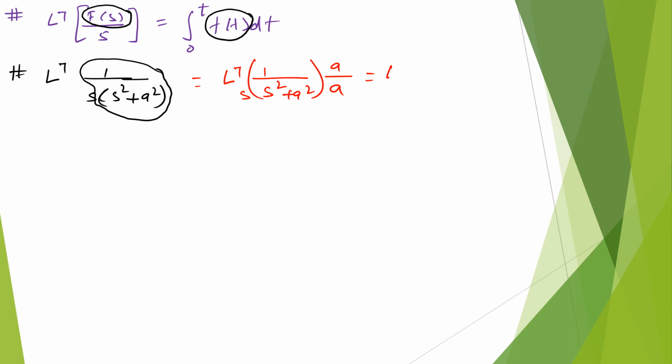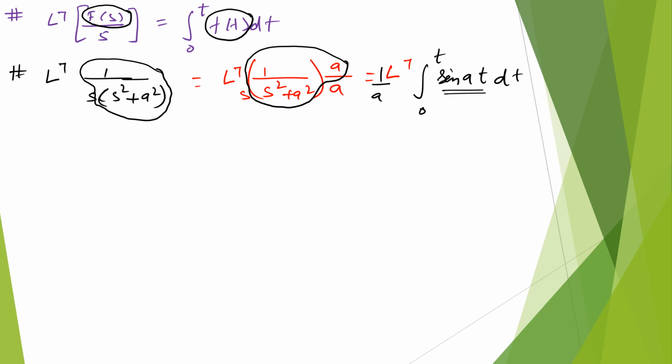So this will be Laplace inverse, considering this complete term, 1 by a is common, integration 0 to t, and this is equal to a function of sine at dt.